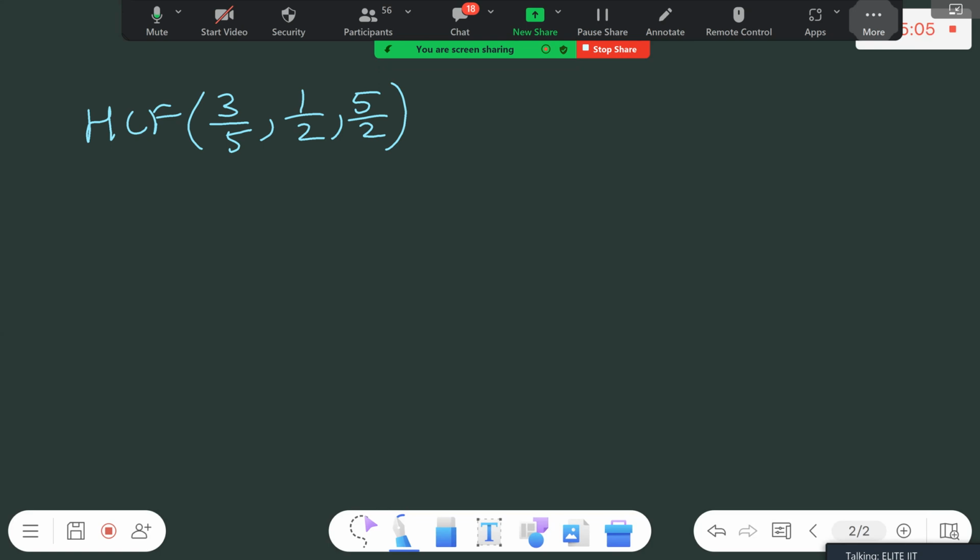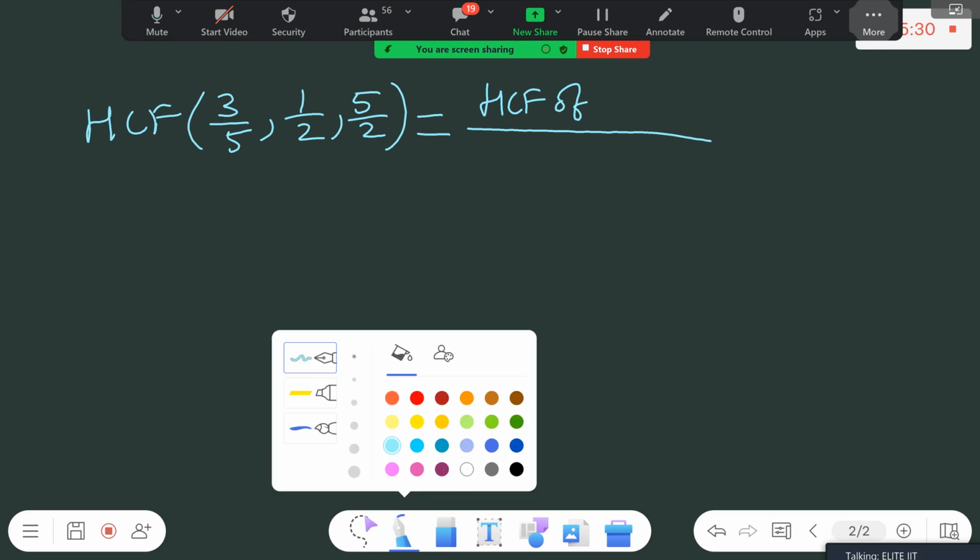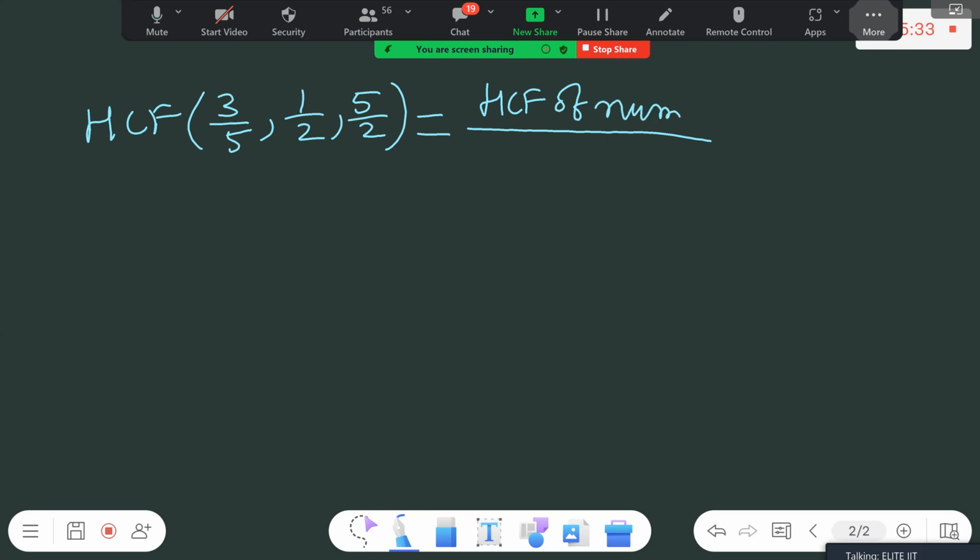How to do it? What is the formula? HCF of numerators, isn't it? What are the numerators here? The numerators are 3, 1 and 5.